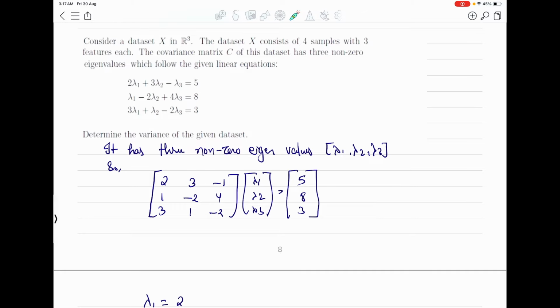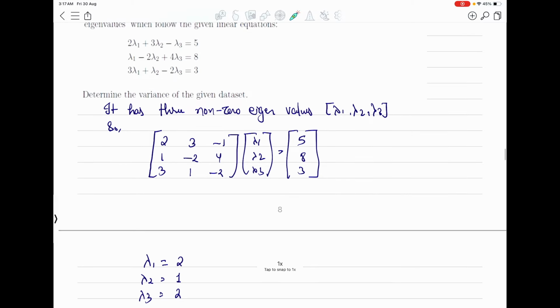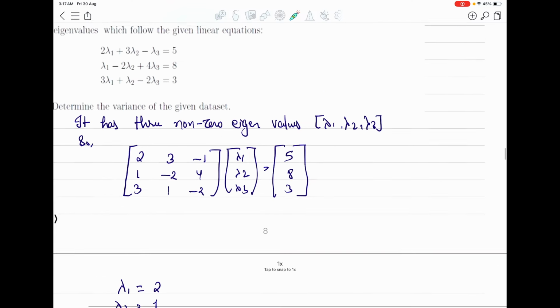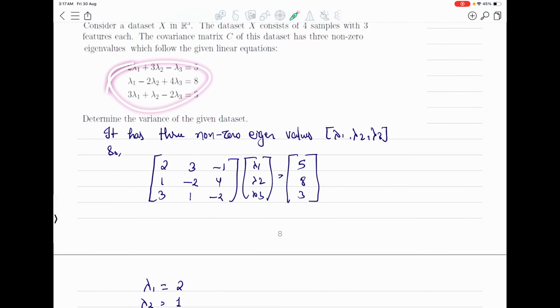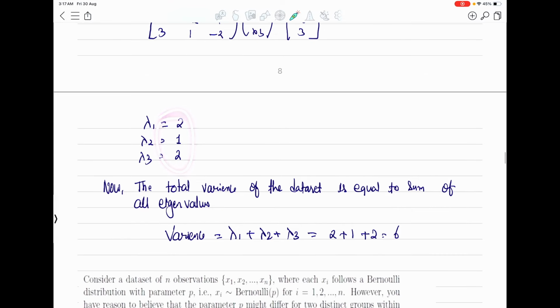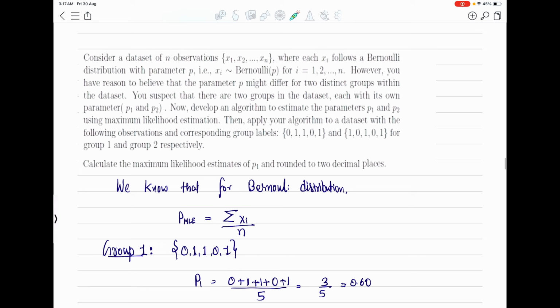If you remember, the sum of all eigenvalues is equal to the total variance. So from here we will solve these for lambda 1, lambda 2, lambda 3, which are our eigenvalues. The variance will be lambda 1 plus lambda 2 plus lambda 3, that is 6. So this is the formulation.